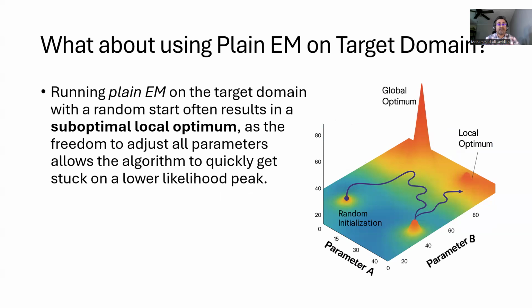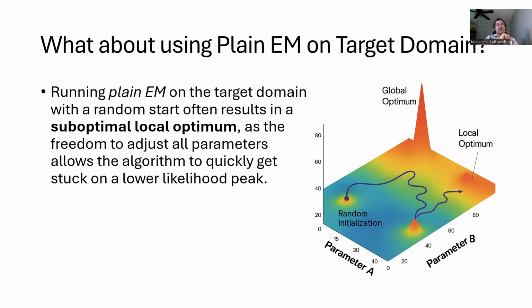Here is a problem. If you run the plain EM algorithm on the target domain with a random initialization, it will happily climb the observed likelihood, but it often settles in a bad local optimum because it's free to move all parameters. The fix is straightforward.